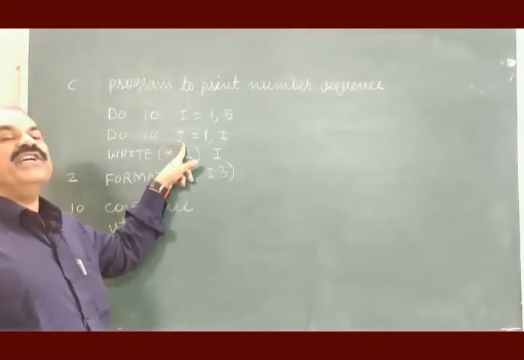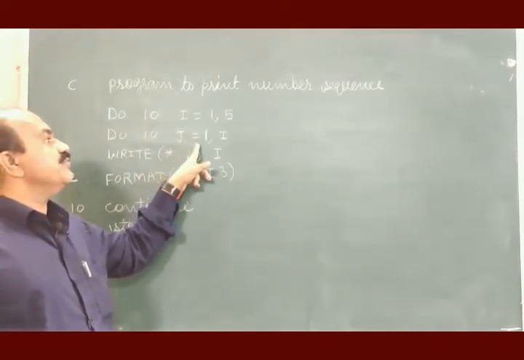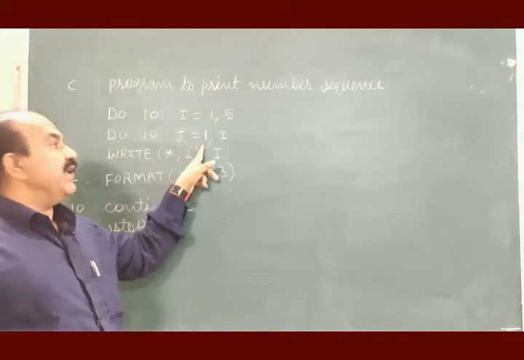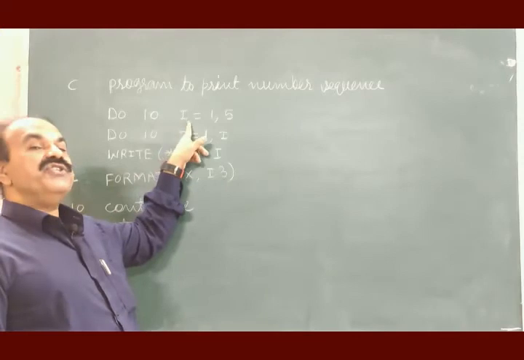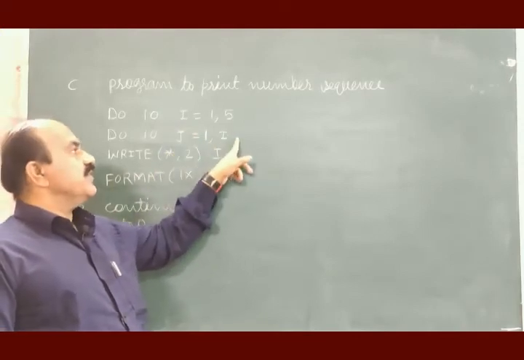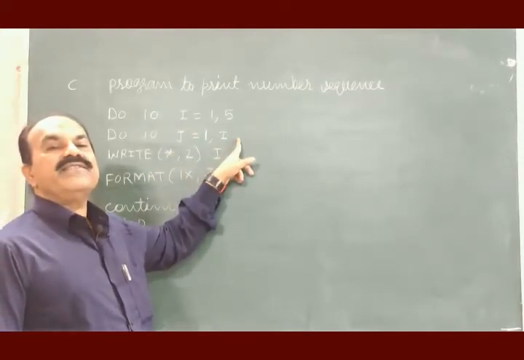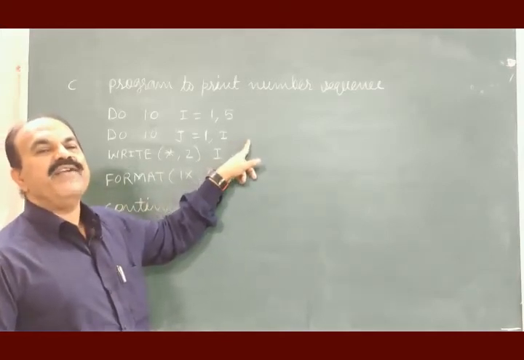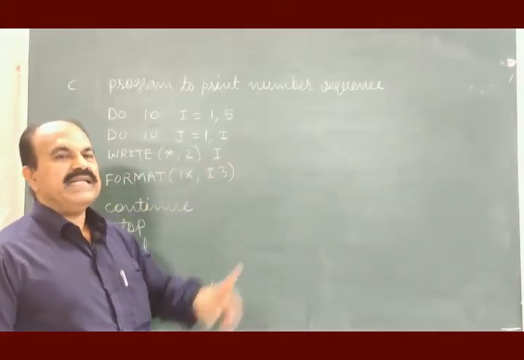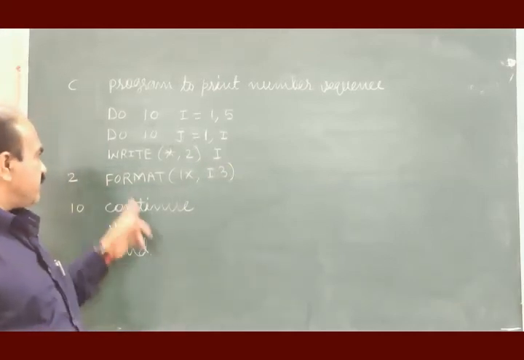The variable name for the inner do loop is j, initial value 1, final value I. What is I? I is here. It is allowed. Increment is not shown, it is omitted, which means that by default for this loop the increment is 1.